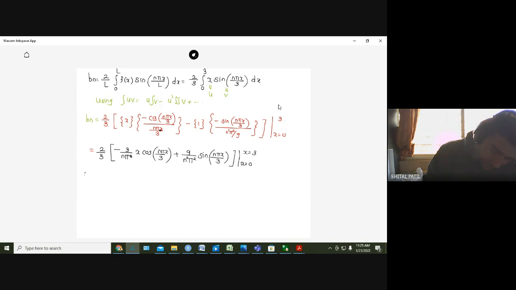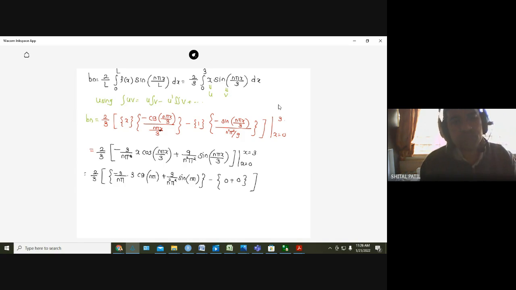Upper limit n equal to 3, lower limit: sin of 0 equal to 0, therefore 0.